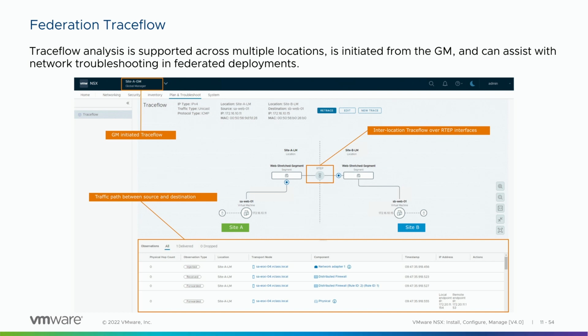This is a huge visibility win. This is great for troubleshooting. It's great for all the same things that TraceFlow is useful for in a local environment. Well, it's available across Federation sites now, which is really, really powerful.